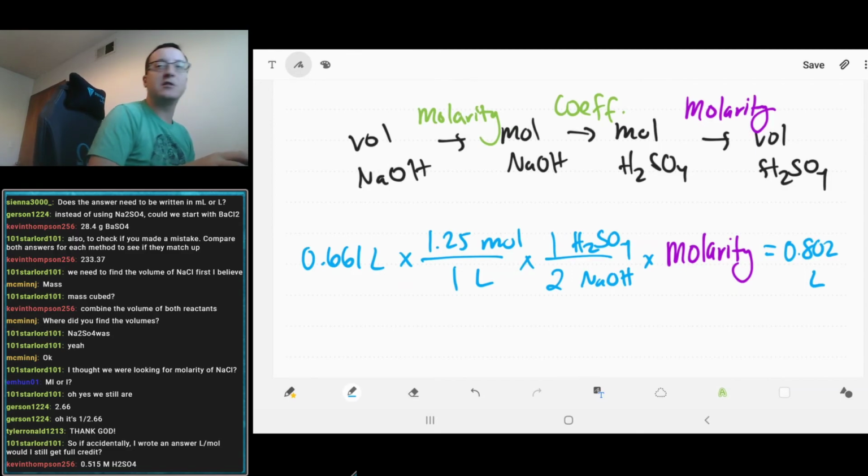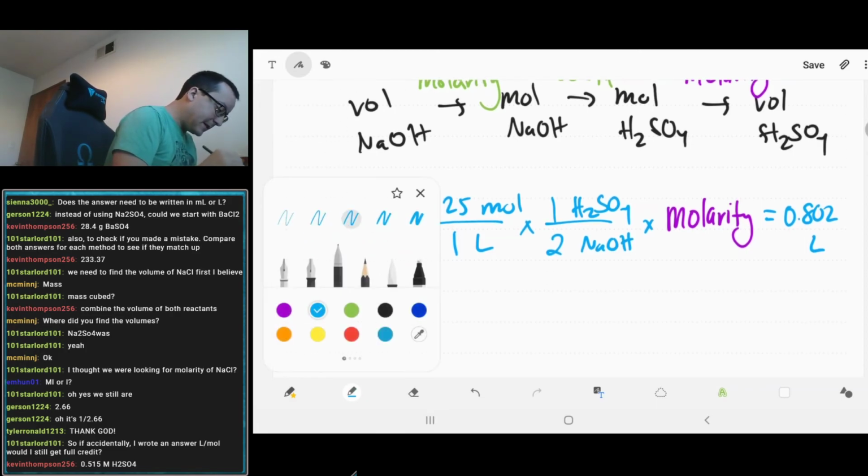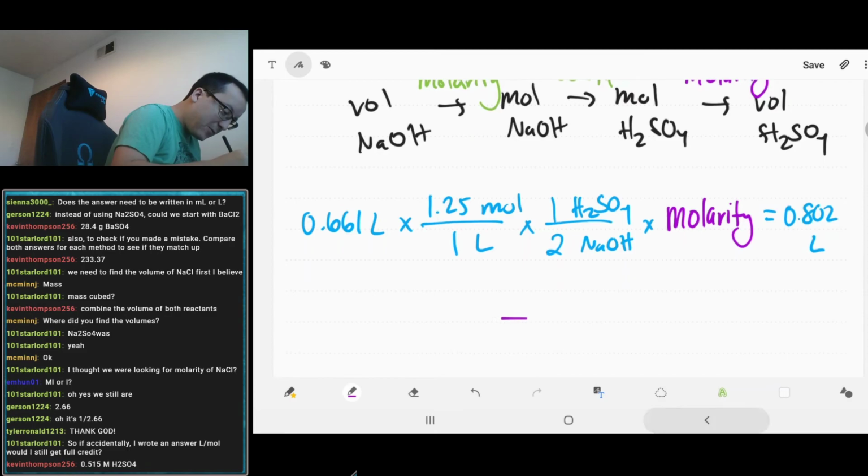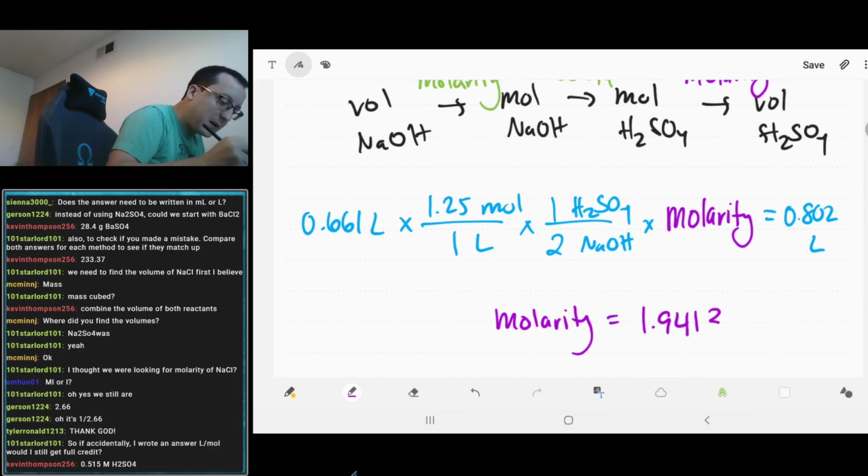Let me just do it just so we can be super sure. Divided by 2 divided by. Okay, so yeah, I think we're okay. So this tells us that the molarity is going to be 1.9413, whatever. That's going to be in liters per mole.